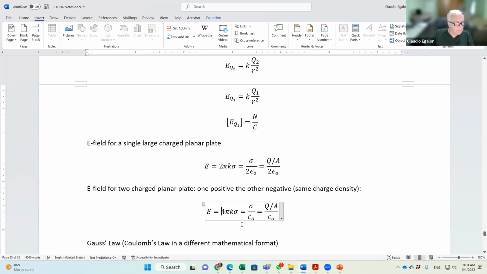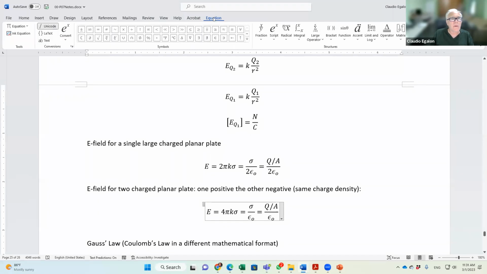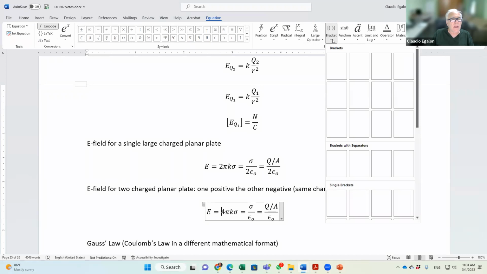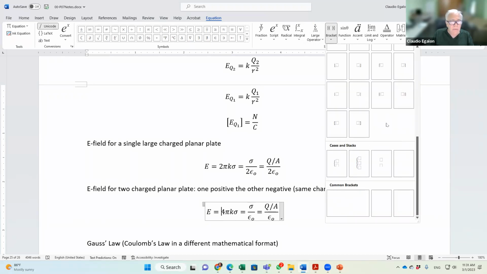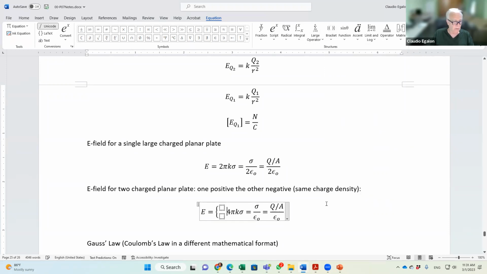And I'm going to be even more specific. See if I can find it. Where is that? Okay, I got it. Single brackets. This one I want.